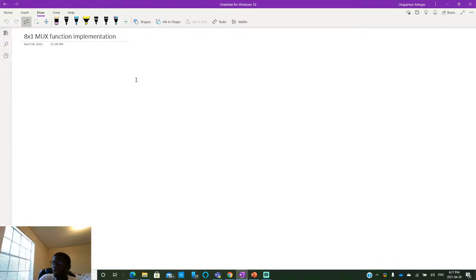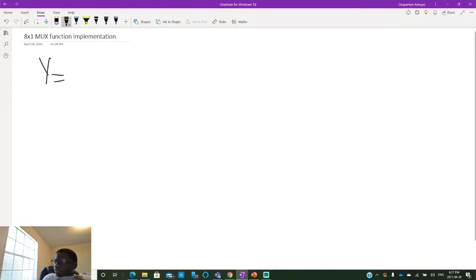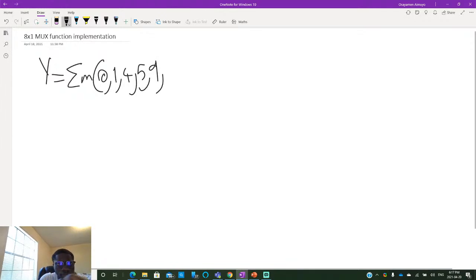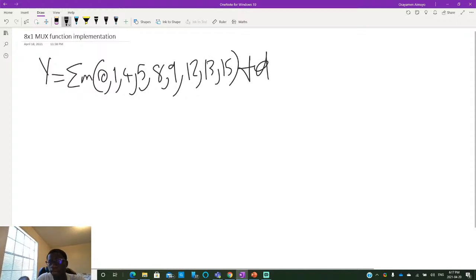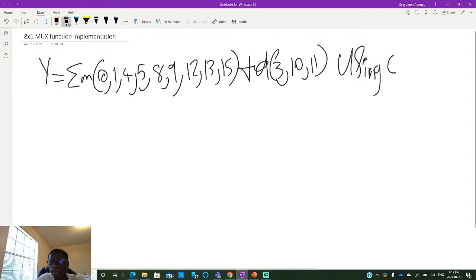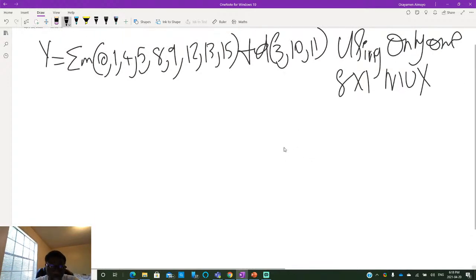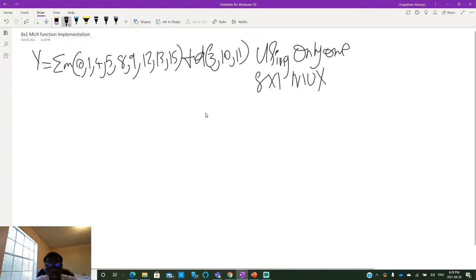Nice. So we have this function. First of all, I'm just going to draw the 8 by 1 mux.